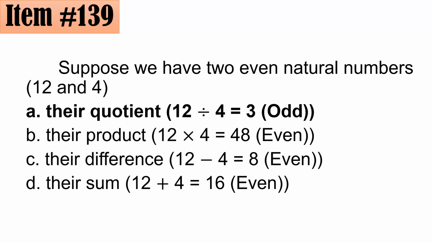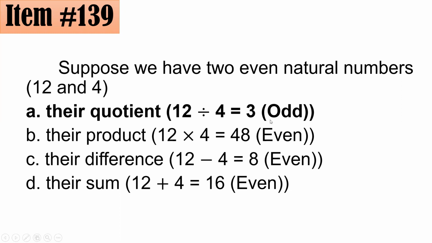Let's just give a simple example. Let's say these 2 even numbers are 12 and 4. If you divide, when we say quotient, so division is implied. 12 divided by 4 is 3, and 3 is an odd number. That's why dividing 2 even numbers does not always produce an even number.